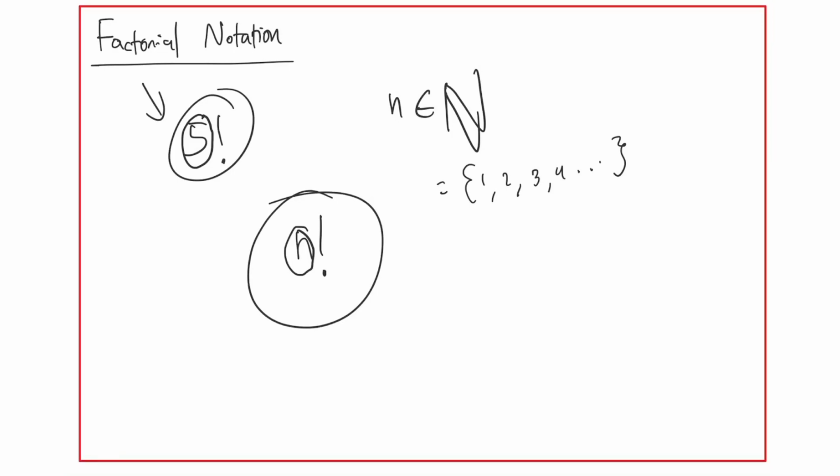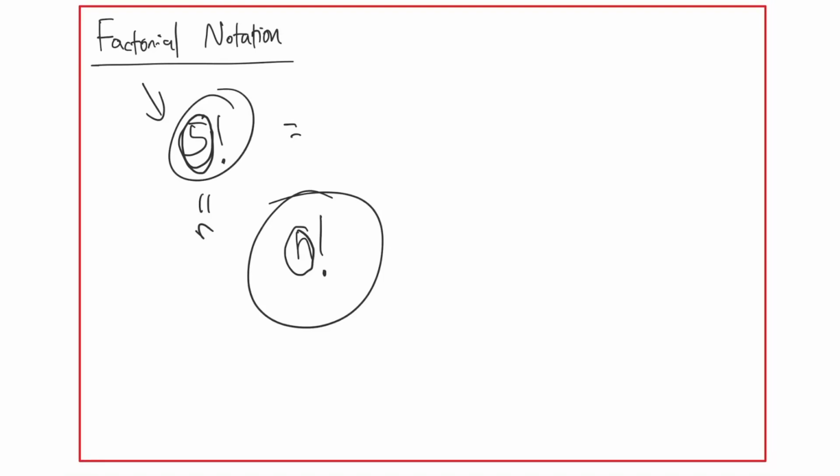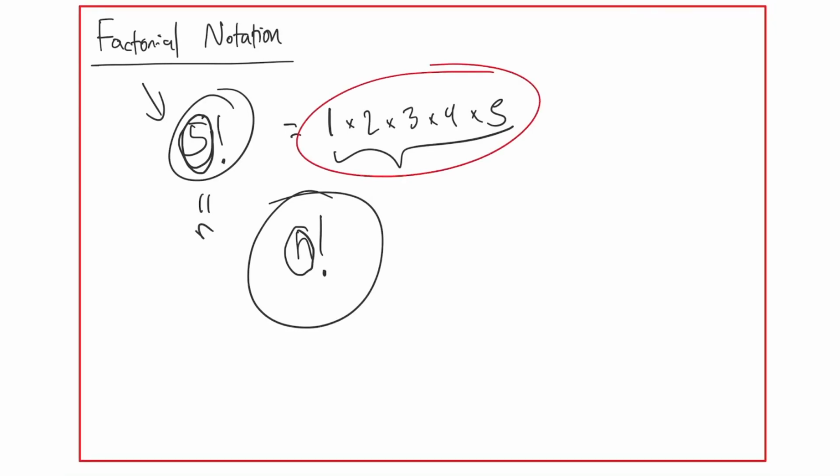In the example I gave, n is equal to 5, so we would write it out as 1 times 2 times 3 times 4 times 5. The product of the first n natural numbers.